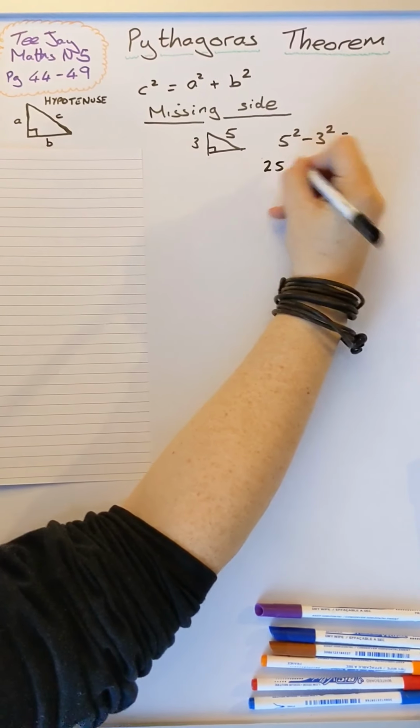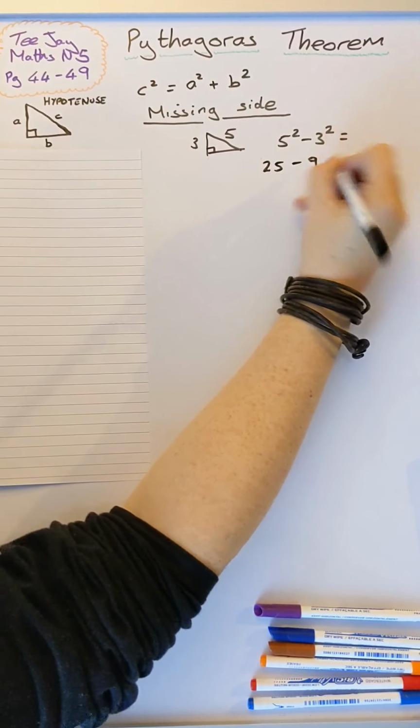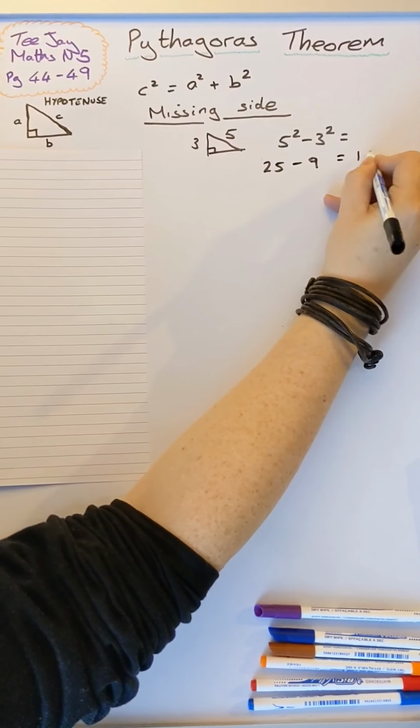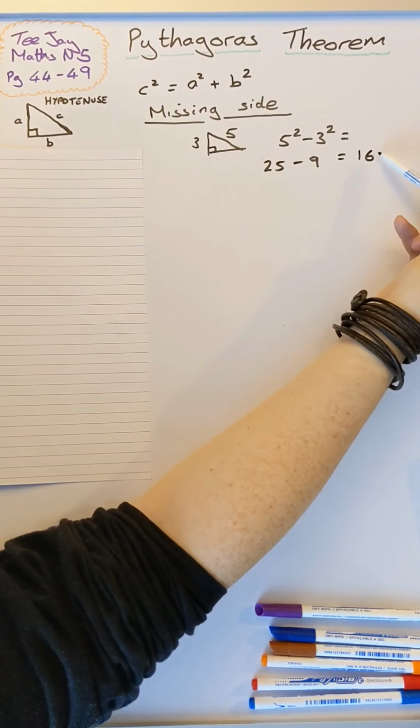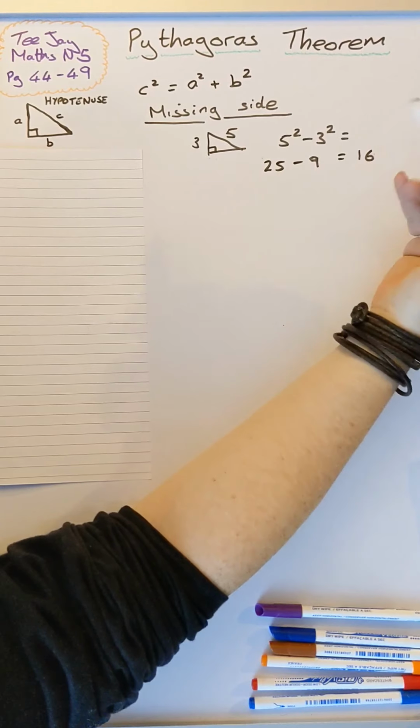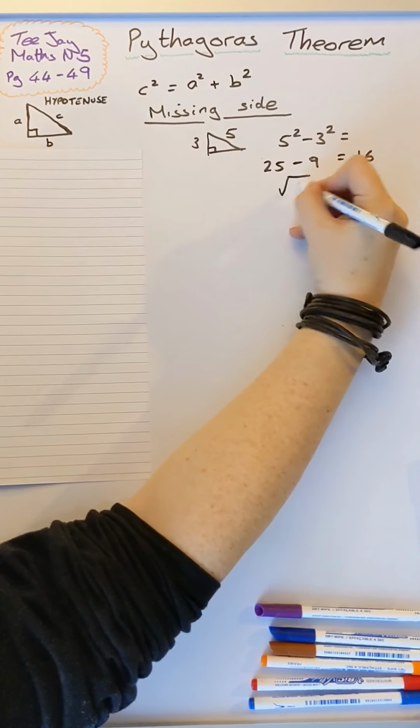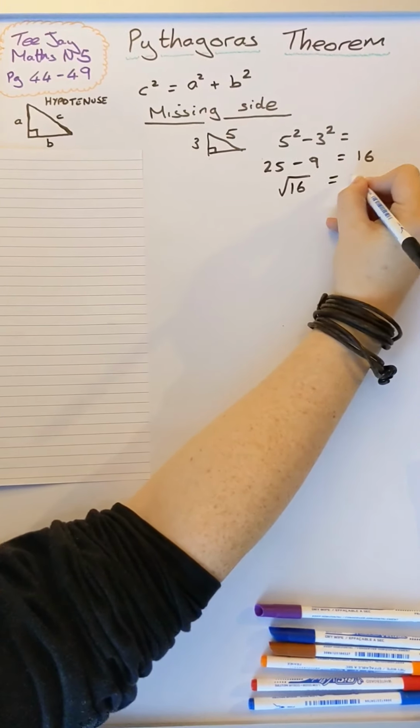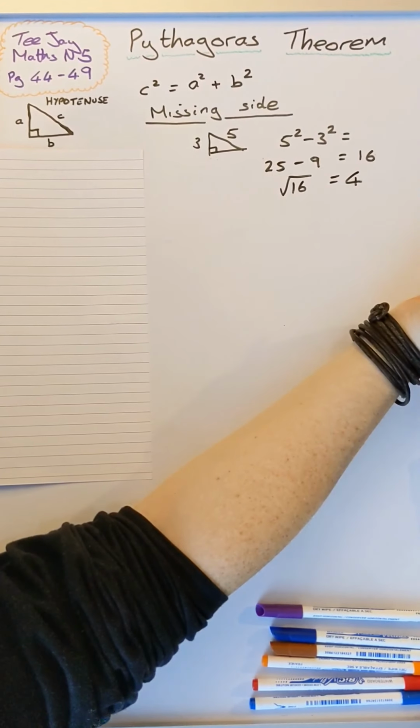So we've got 25 take away 9 is 16, and that's the square. We need the original number. So it's the square root of 16, which gives us the side of 4.